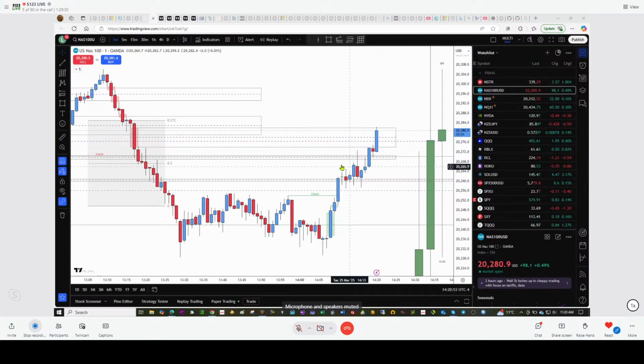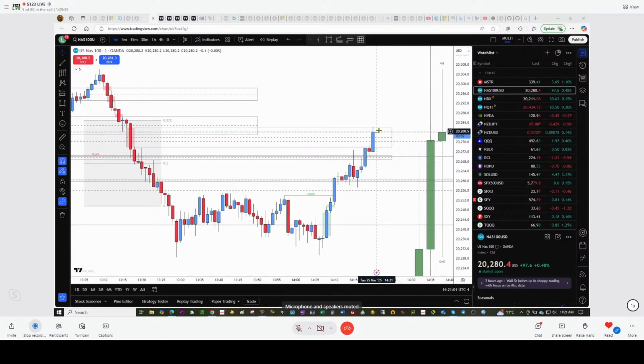Okay, so they're pushing up right into that gap. Yeah, they passed 62% already. So I think we'd be close to being done here now.